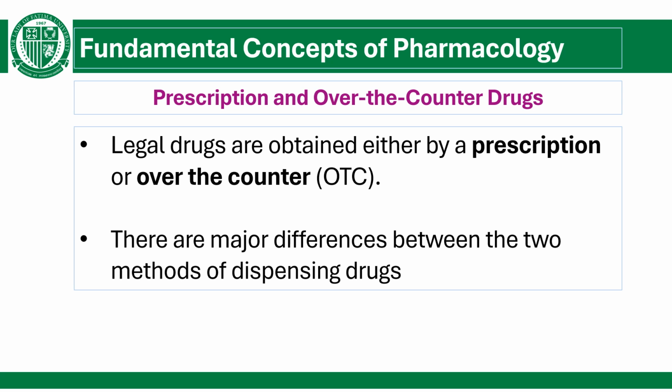However, they could either be prescribed by a medical doctor, or they could be bought by patients or clients in various drugstores. Now we'll be outlining the major differences between the two methods of dispensing drugs.